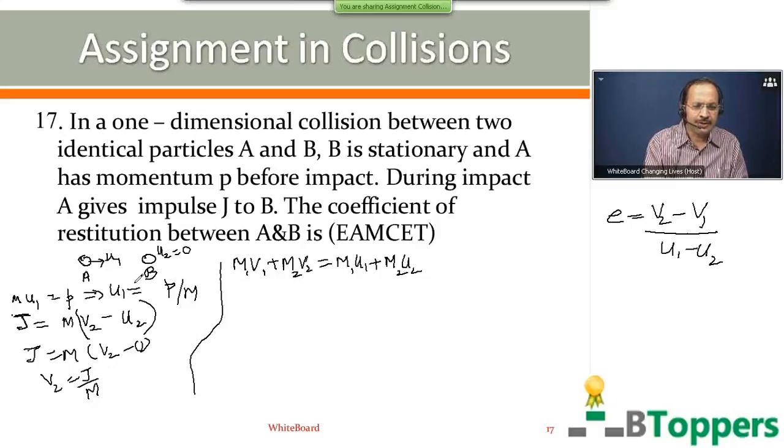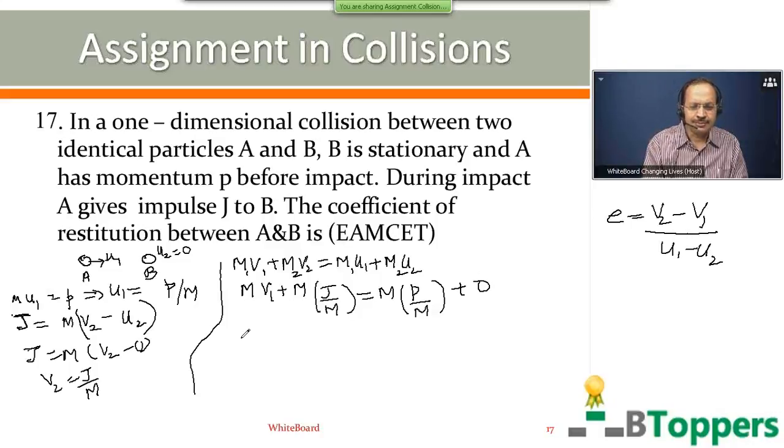Here both the bodies have the same mass. The mass of each body is denoted by m. So m1 equal to m, and m2 is also equal to m. For v2 you can write J by m. For m1 u1, m1 is equal to m and u1 is P by m, so directly you can write m1 u1 equal to P. u2 is 0.